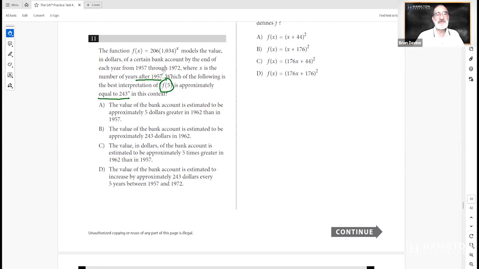Well, that would be 5 years after 1957, which would be in 1962. And if we look at that idea, I'm comparing it to the amount at time t equals the principal or initial value times 1 plus some rate as a decimal to time. And here, x is t and r is 0.034. And so if we look at that, it should be the amount in the bank account in year 5, which means B is the correct answer.